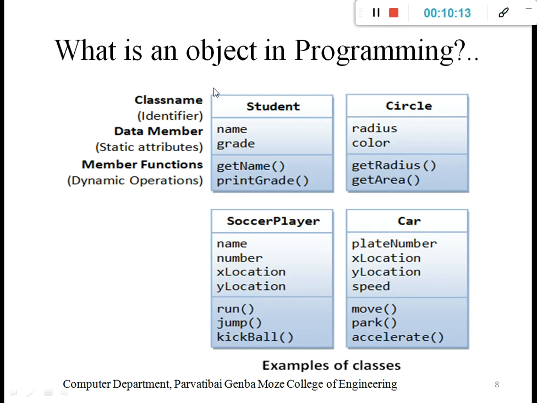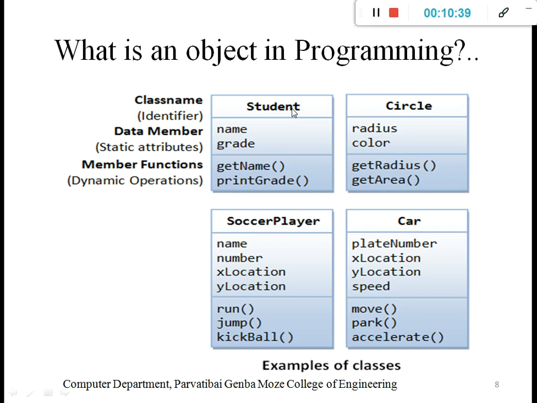Next, programmatically, what is an object in programming? Here is an example of classes. A student is one class, and this is the data attribute or data member. These are the member functions of a student class.